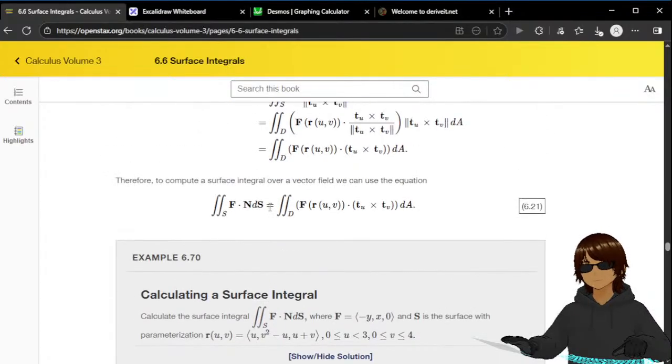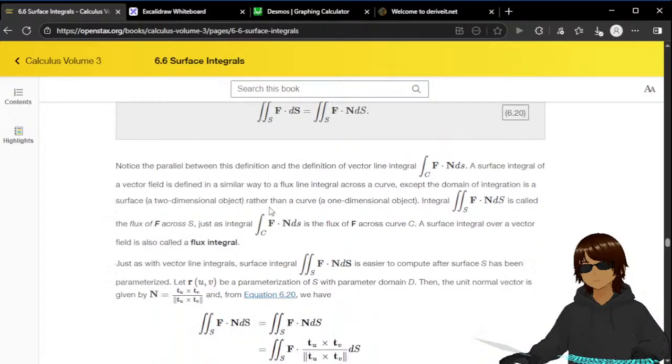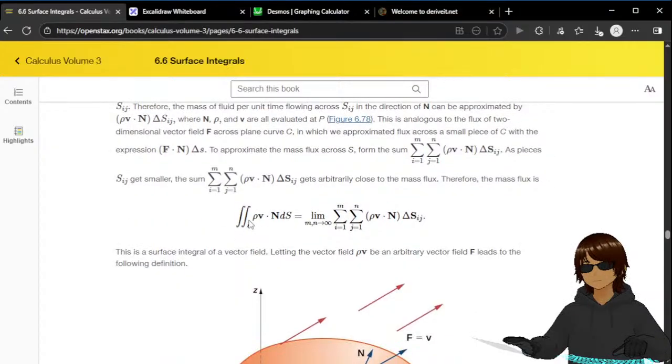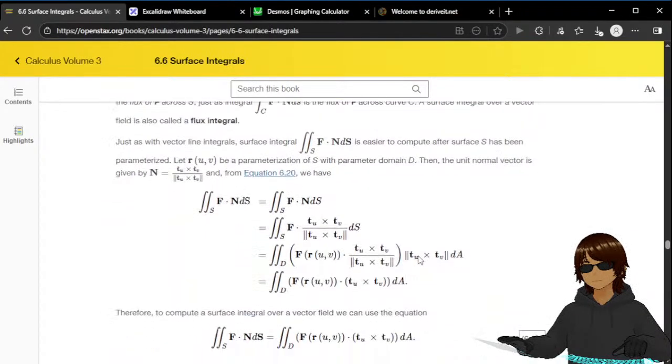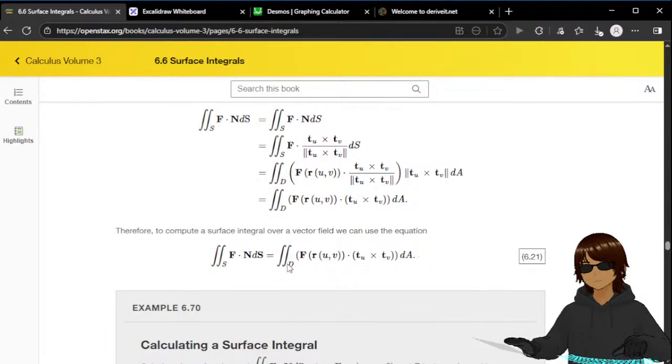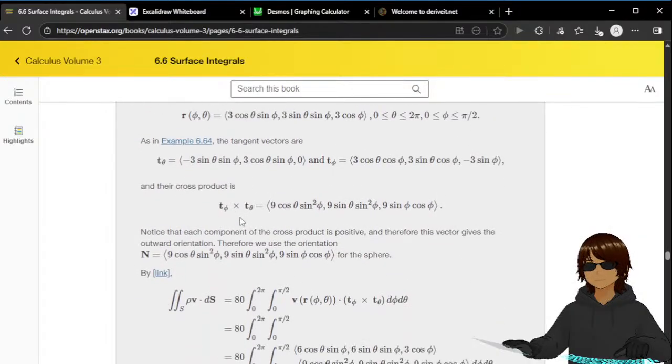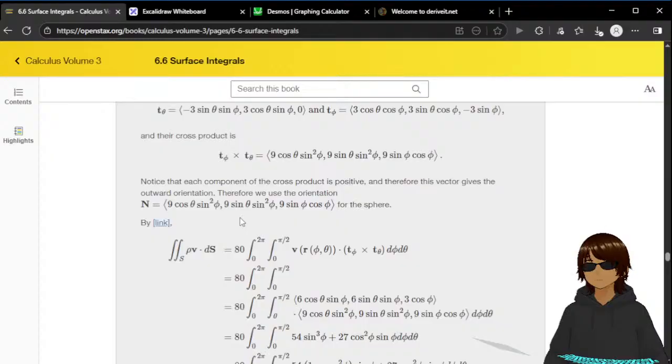f of r(u,v), we do that's right. 2xy, 2y, and z. The thing is, how do we get this equation?